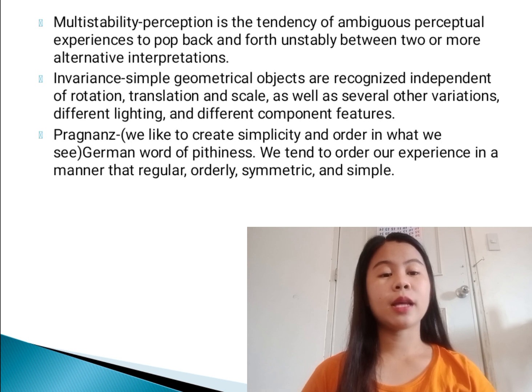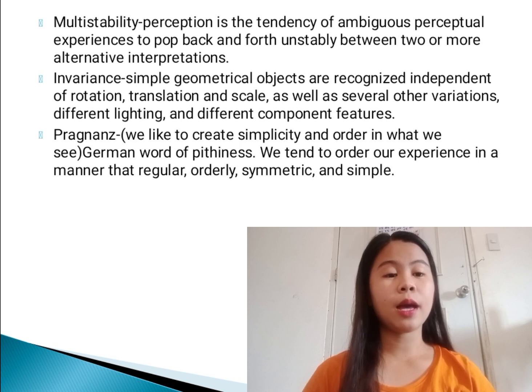Multi-stability is the tendency of ambiguous perceptual experiences to pop back and forth unstably between two or more alternative interpretations. Invariance: simple geometrical objects are recognized independent of rotation, translation, and scale, as well as several other variations, such as different lighting and different component features.